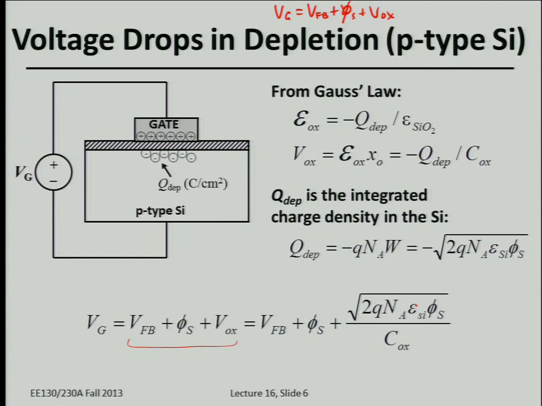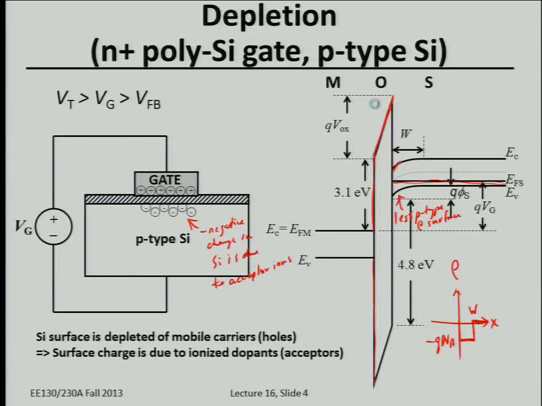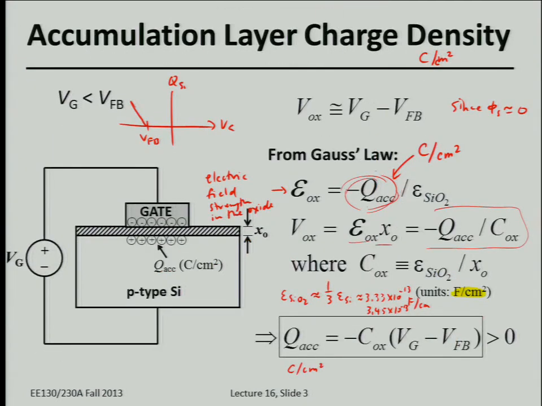It's just going to be equal to the total charge in the silicon, just like before, divided by epsilon, the permittivity of the oxide. Now the terminology we're changing here: it's always the total charge density in the silicon. So if the surface is in depletion, we call it the depletion charge. And if the silicon is accumulated, we call it the accumulation charge.